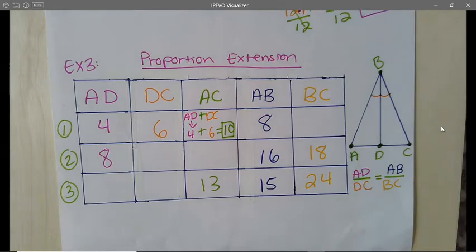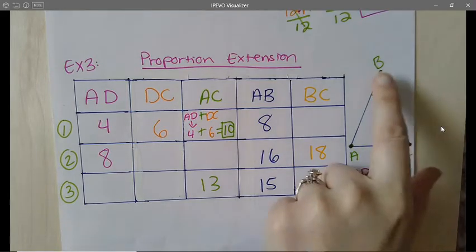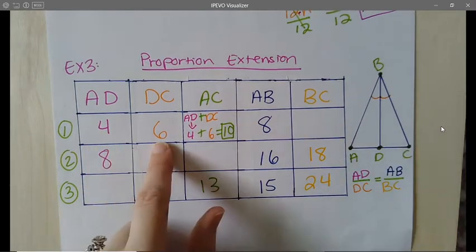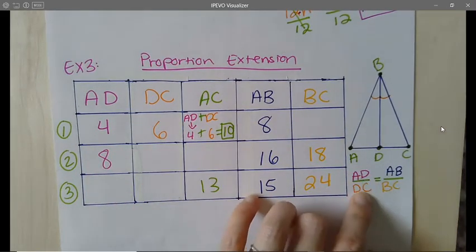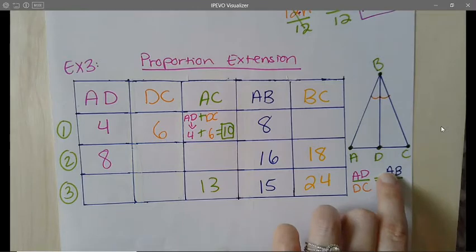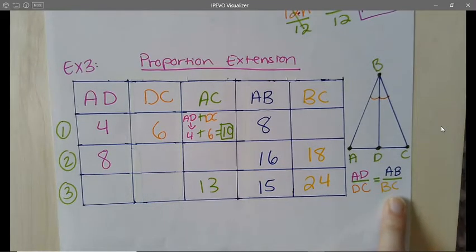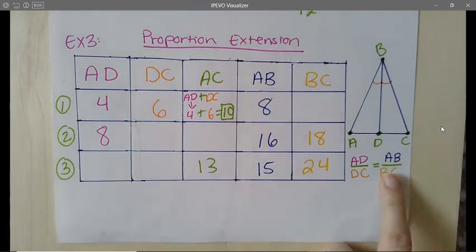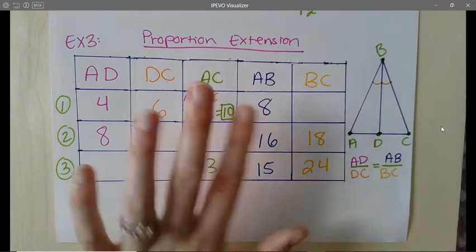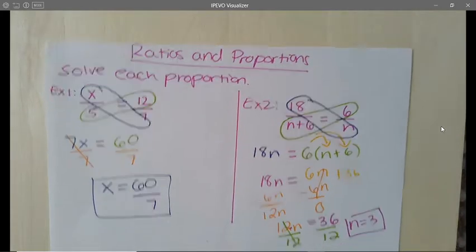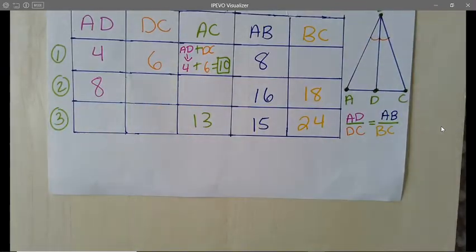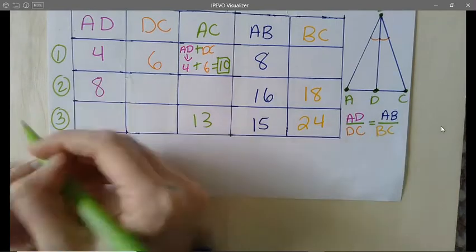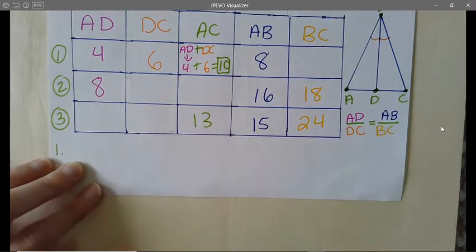Pretty cool. Okay, now I want to know what side BC is. I currently know AB, and I know AD and DC. So I know AD, I know DC, I know AB, but I need to find BC. So what we're going to do, you guys, is fill in the missing pieces in our ratio and solve for BC by cross multiplying like we did up here. Since this is row 1, I'm going to put 1 right here, and set it up.